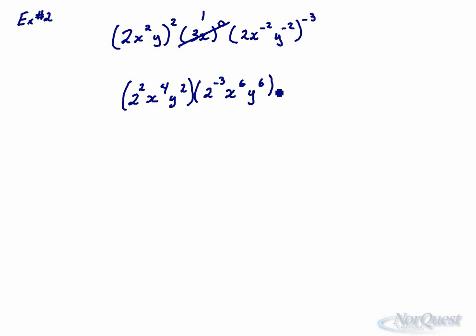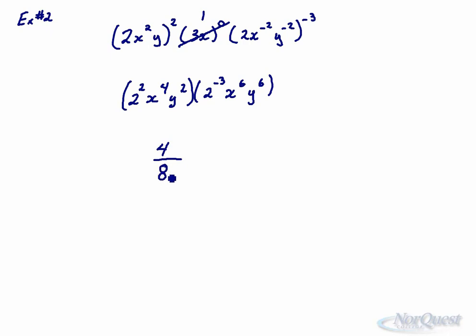I'd work out the coefficients. 2 squared would be 4. 2 to the negative 3, well, a negative exponent really means to write the reciprocal. So 2 to the negative 3 would really mean 1 over 2 cubed. Well, 2 cubed is 8.